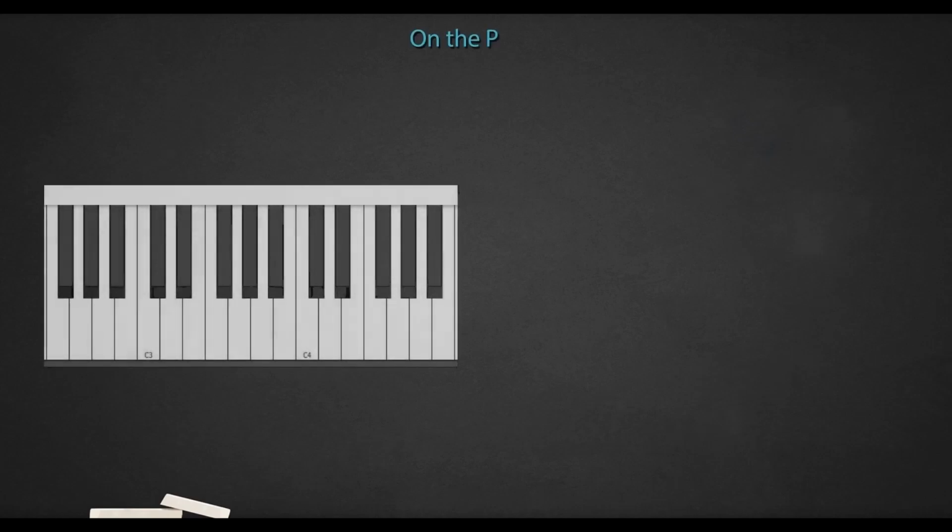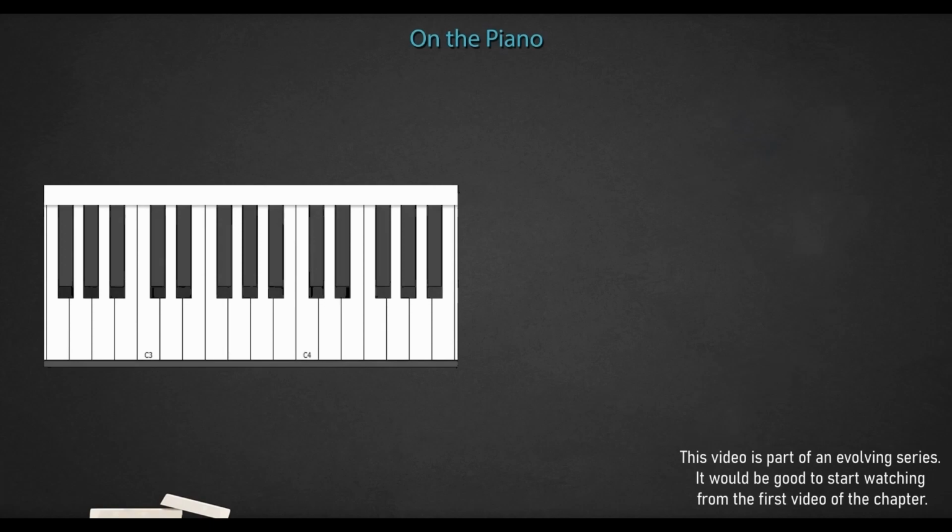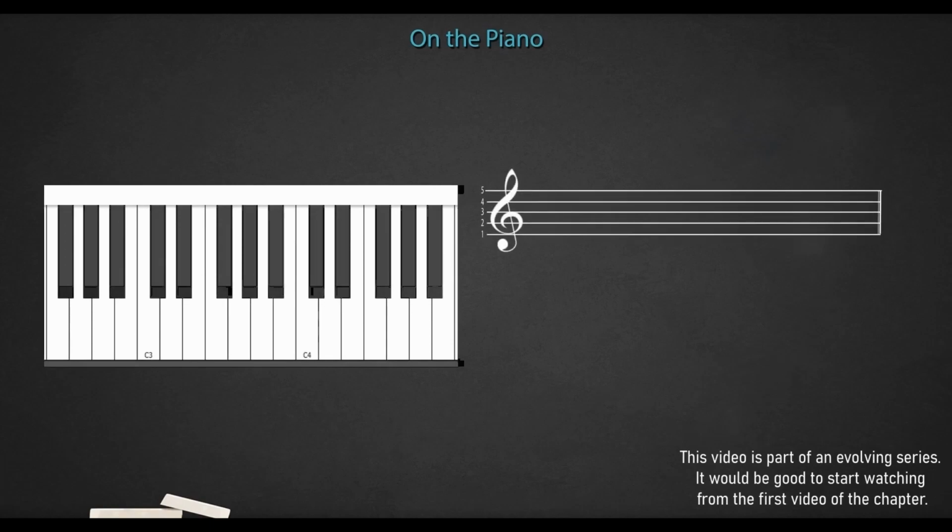Let's try now to have a visual understanding of the intervals. Let's see the C major scale once more. We always begin from the C note.